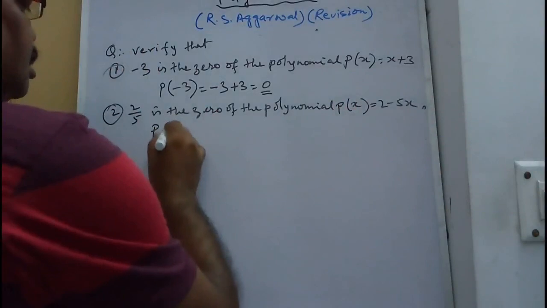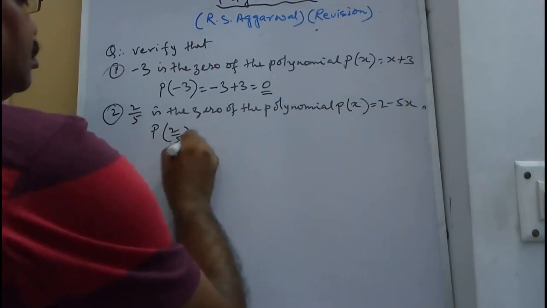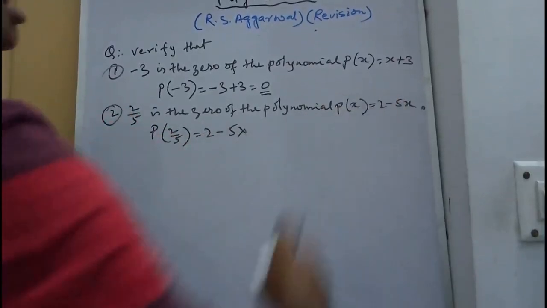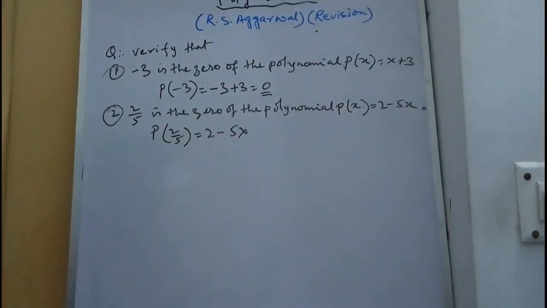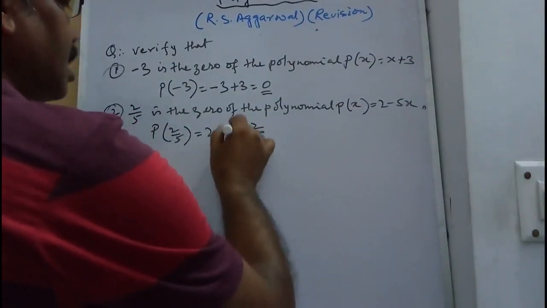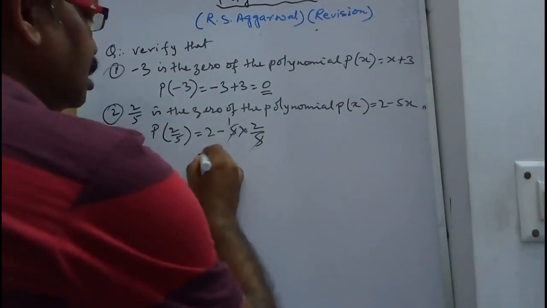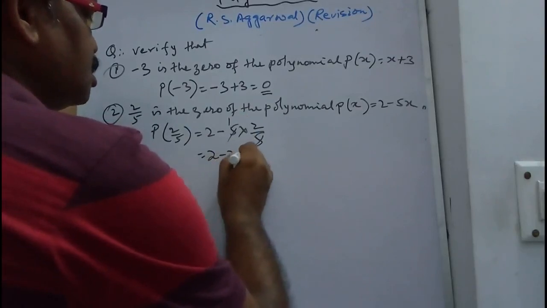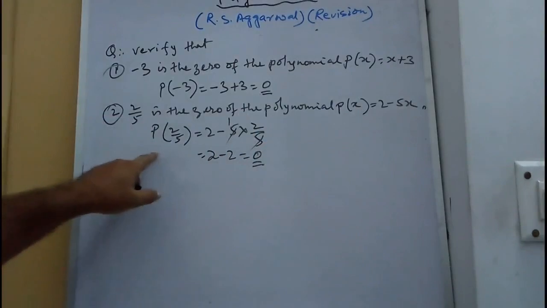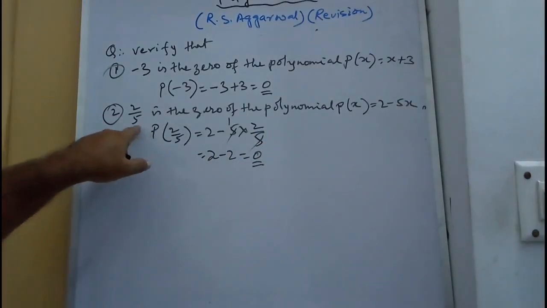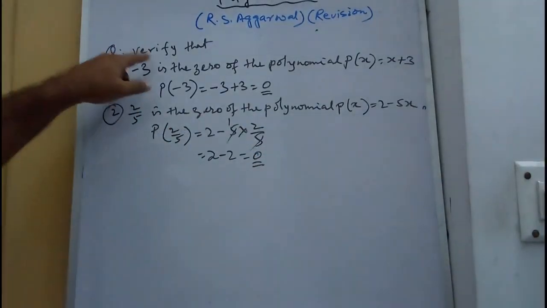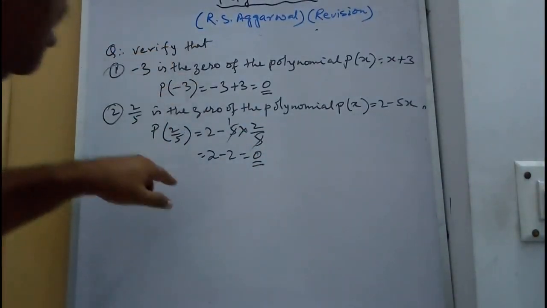So p 2 by 5, in place of x, write 2 by 5. So 2 minus 5 into 2 by 5, this 5 cancels. So 2 minus 2 becomes 0. Therefore 2 by 5 is the 0 of the polynomial. In this question, you have to verify this one.